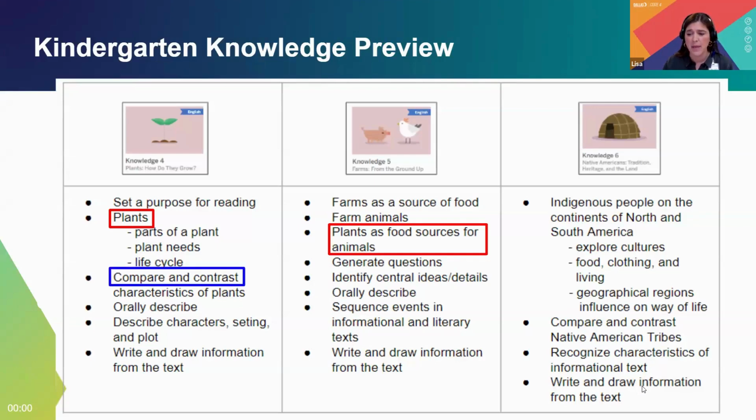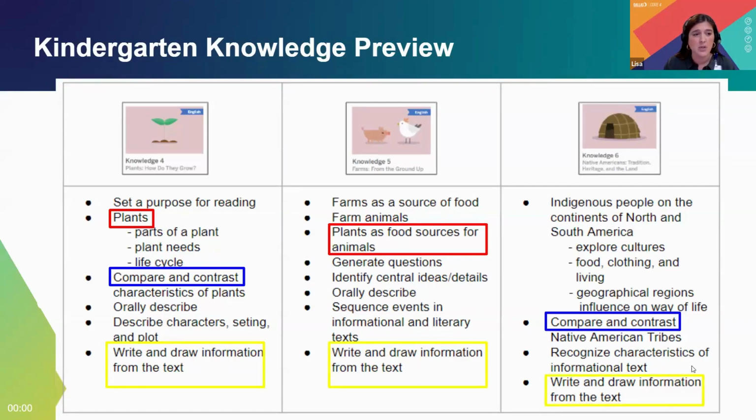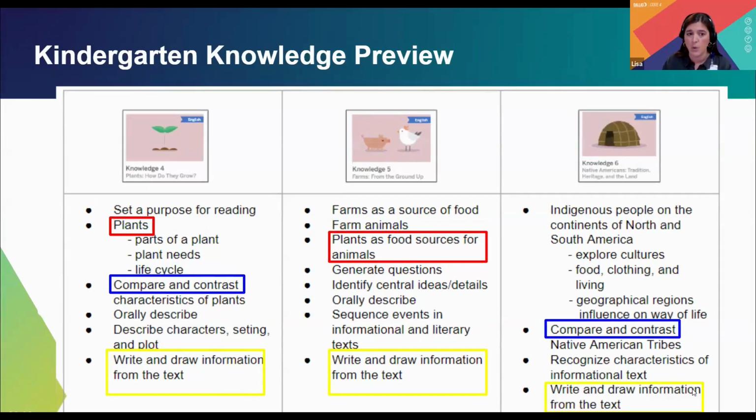Another connection that you may see is that the students are practicing the skill of comparing and contrasting in Unit 4, and they will also see that again in the Knowledge Unit 6 when they're comparing and contrasting different Native American tribes. And finally, across all units, you see that students will be expected to write and draw information from the text. So these are just a few of the connections that you may have seen as you're spanning through the Q2 units in knowledge.